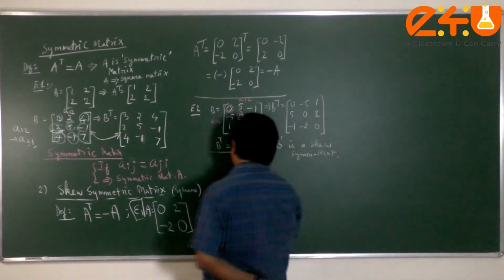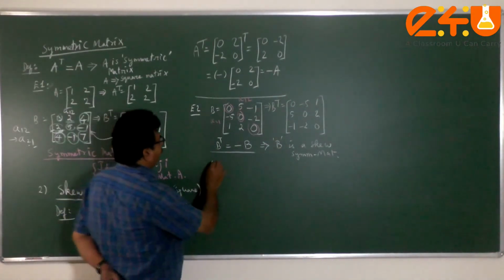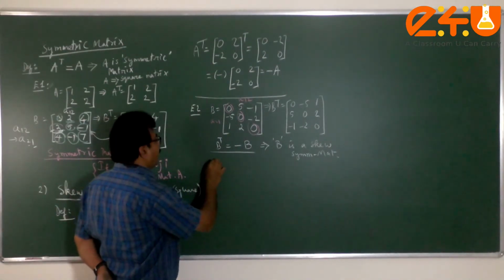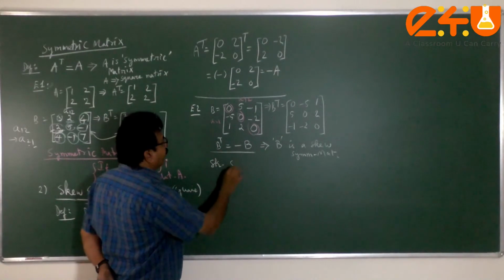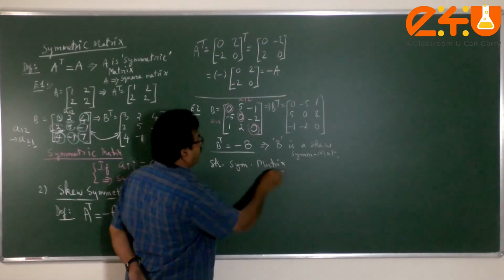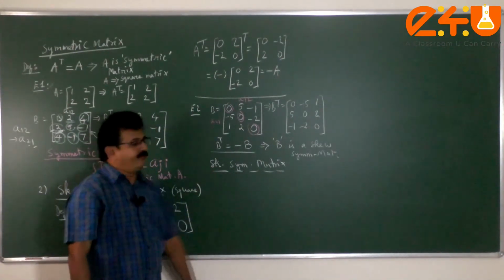So what can be the alternative definition for skew symmetric matrix? I am representing skew symmetric like this, SK SYM.